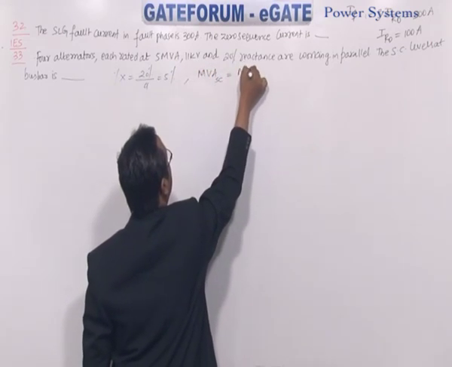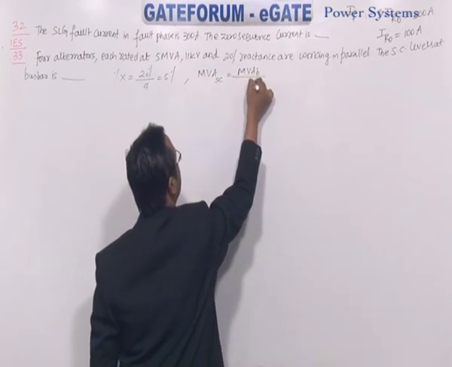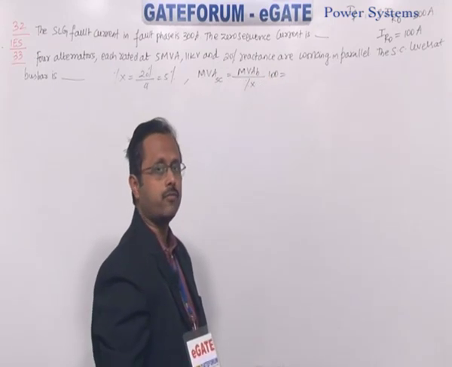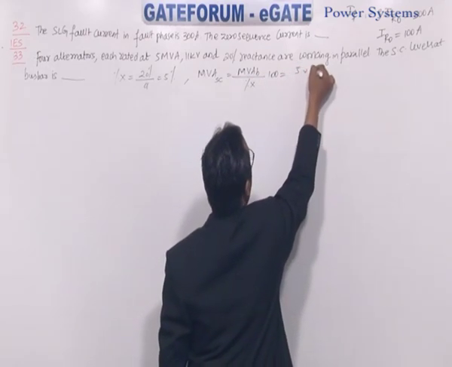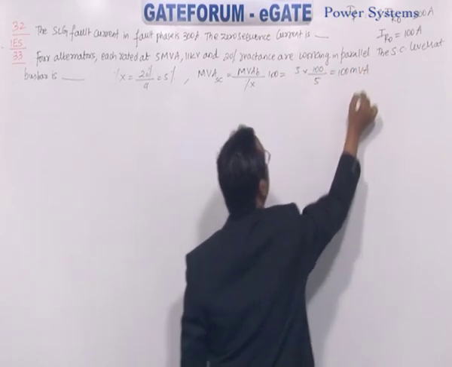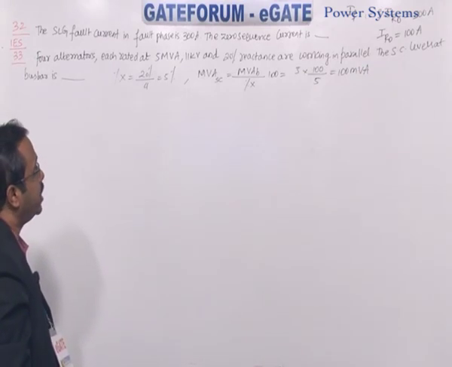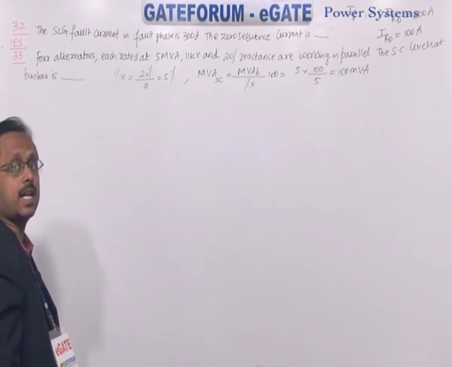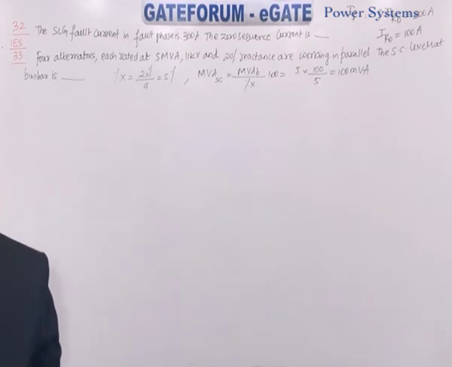You have derived it: base MVA by percentage X into 100. In yesterday's session on the per unit formula, you have written it this way. So base is 5 MVA, 100 by 5. So how much do you get for the short circuit MVA? 100 MVA. Base MVA or rated MVA is 5 MVA only, but short circuit MVA, you check, is 100 MVA. You get that answer as 100 MVA.